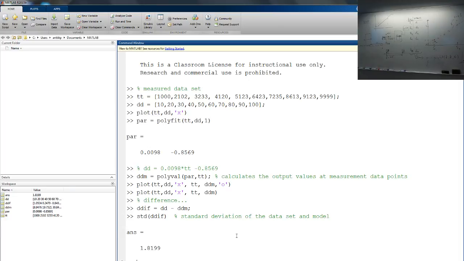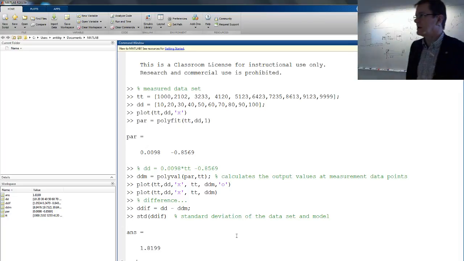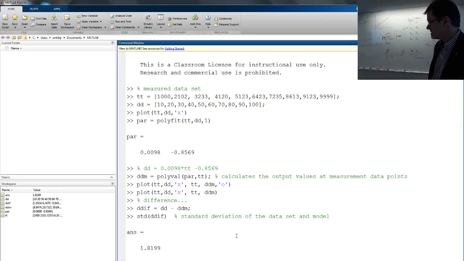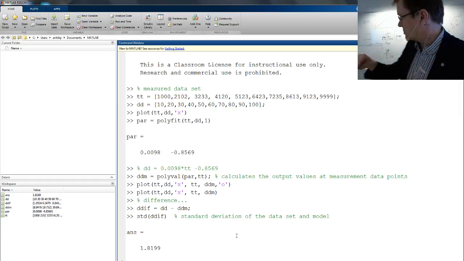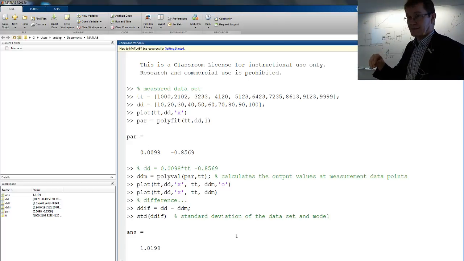So in this case, the expected inaccuracy of this data set would be 1.8 millimeters. So your calibration is roughly that close to the real. So plus minus that.